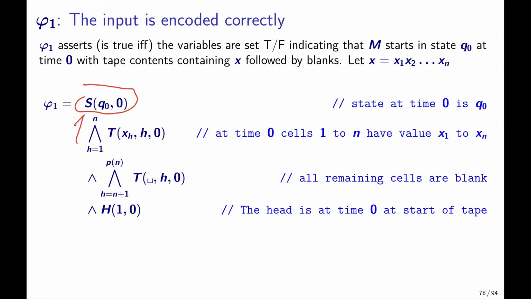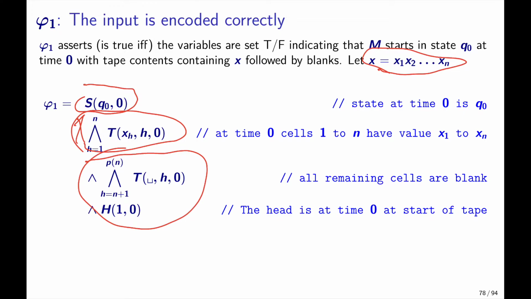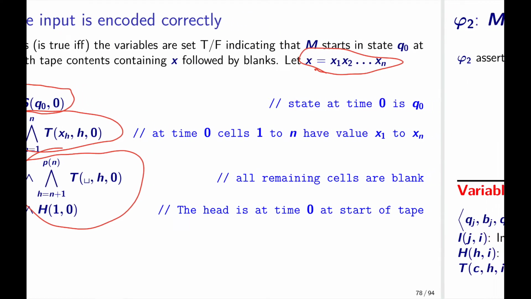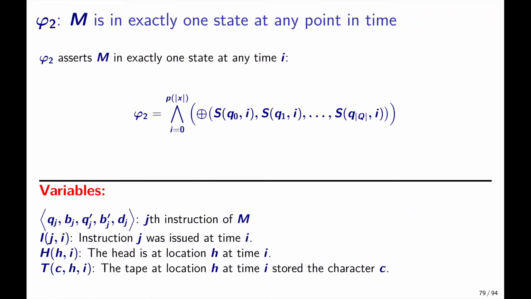Then we require that the first n tape cells contain the input x1 to xn. And finally, we require that the rest of the tape is empty. Okay, so this is phi 1.